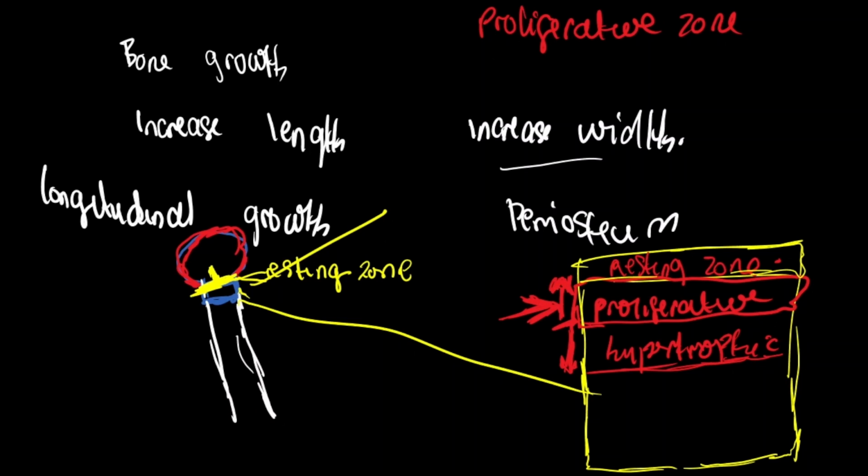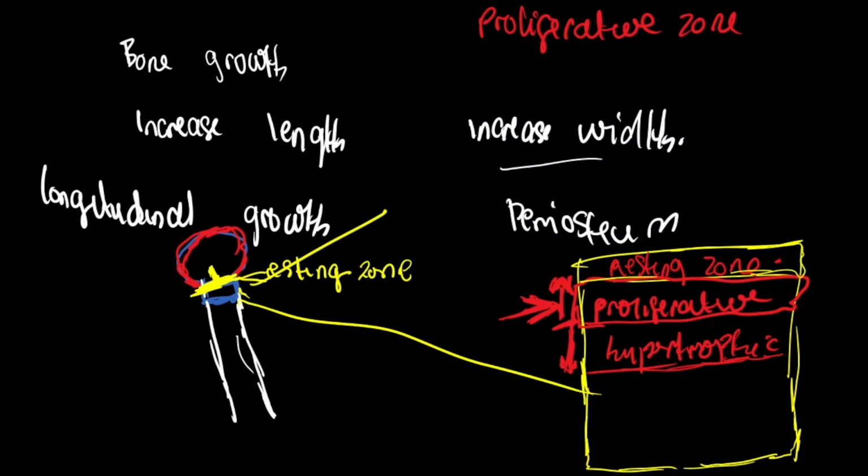Below the hypertrophic zone, what we have is the calcification zone. Now remember, I said earlier that the process of bone growth somewhat mimics the endochondral ossification, because in the endochondral ossification we have hypertrophy, then we have calcification, and here in bone growth we also have hypertrophy of these older cartilage cells, and then we have calcification.